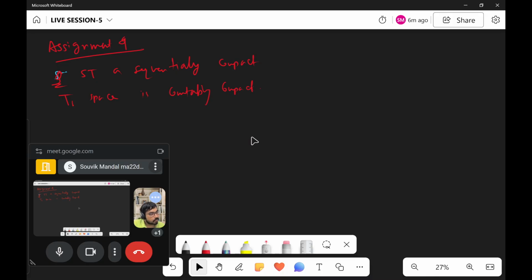So basically, first try to recall the definition. What does sequentially compact mean? Every sequence has a convergent subsequence. And countably compact means every countable set has a limit point, or in the same way every countable open cover has a finite subcover.